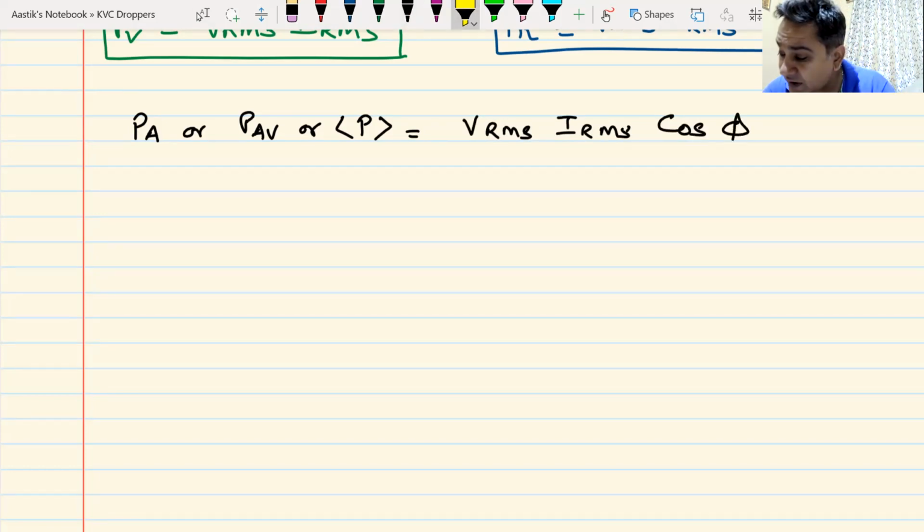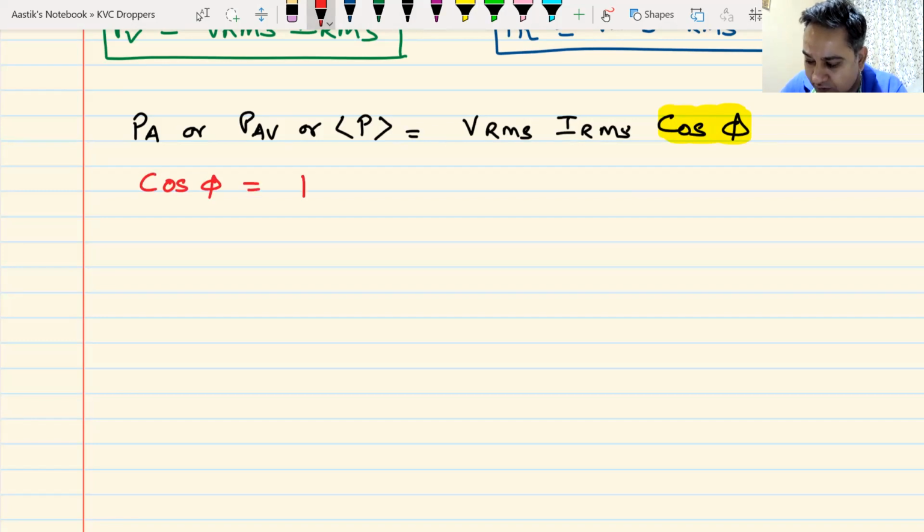Now we are already accustomed to this cos of phi. This cos of phi is known as the power factor, PF. But what is this phi? Let us now elaborate this phi so that we get everything clear.